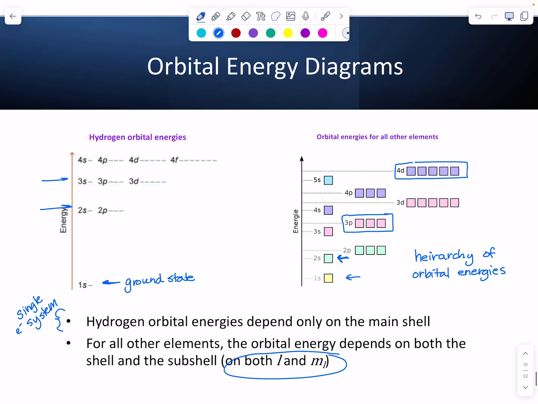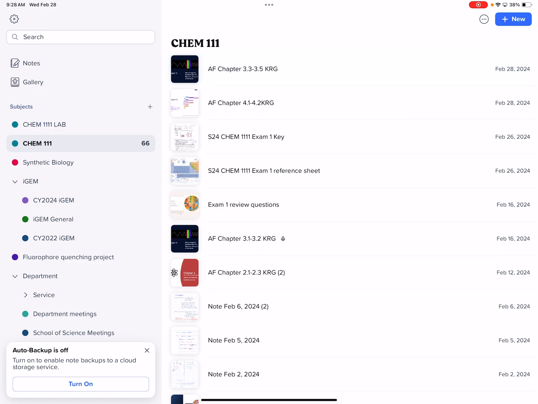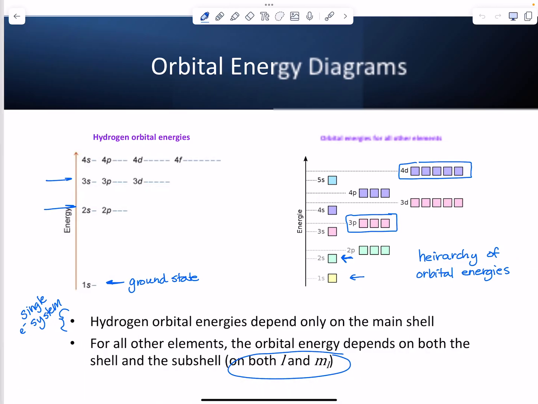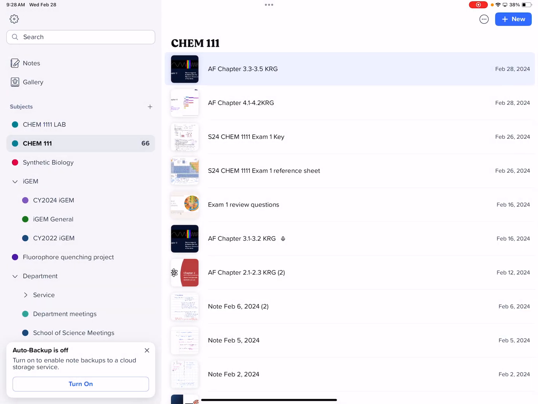So now we're going to drill down one more level and talk about individual electrons: who's in the 1s orbital, who's in the 3p orbital, how do you get there, how do you decide who goes where when. So here's chapter 4.